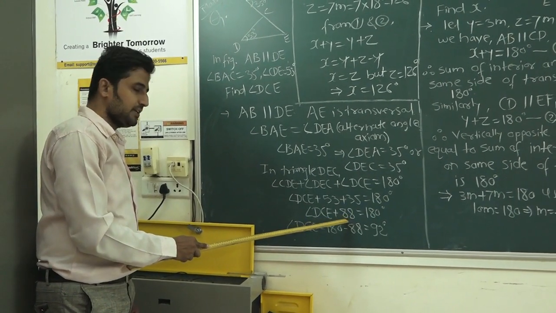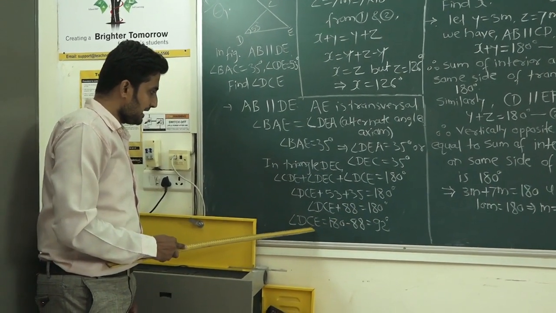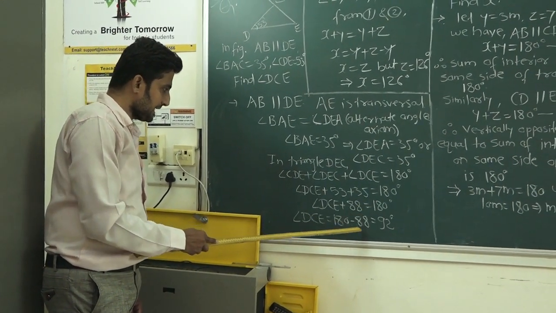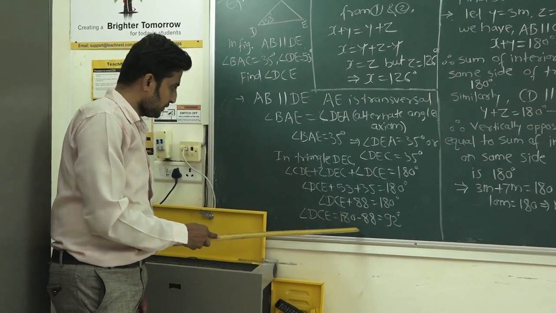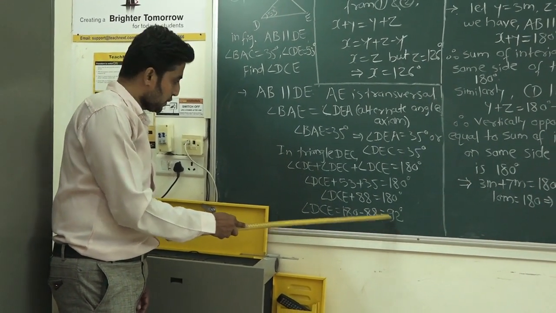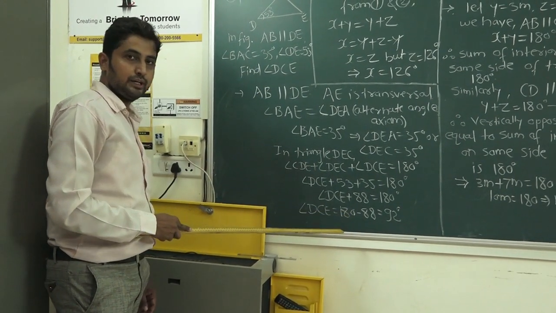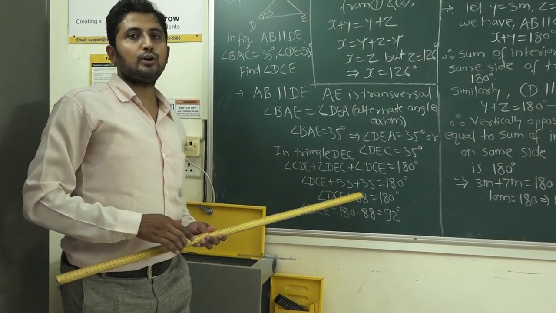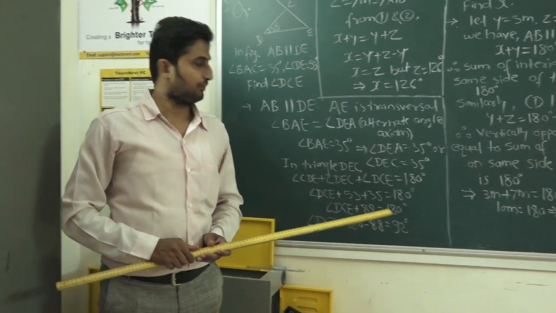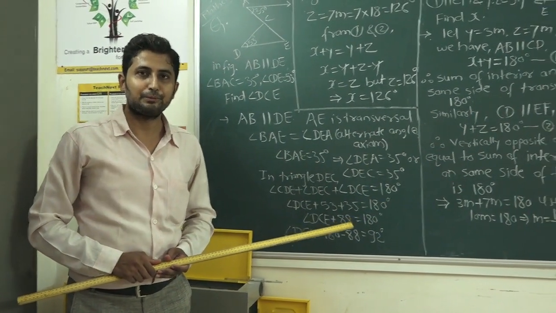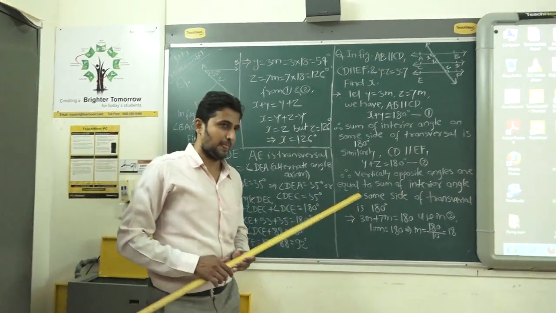If you shift this 88 to the right hand side, angle DCE is equal to 180 minus 88 degree. So it is equal to 92 degree. So angle DCE is equal to 92 degree. Dear students, keep watching and keep practicing. I wish you all the best. Thank you.